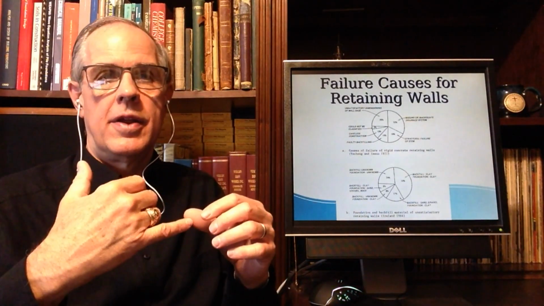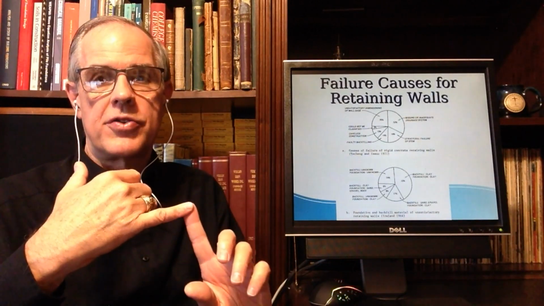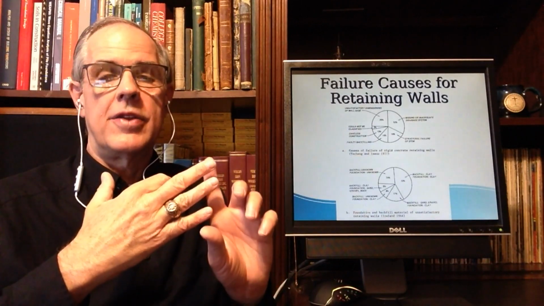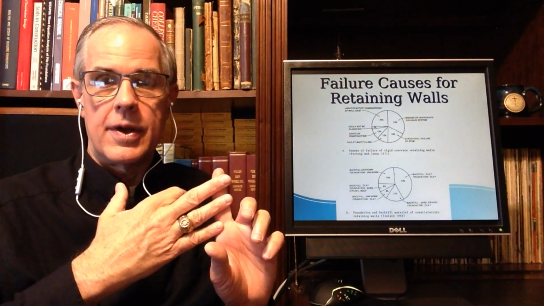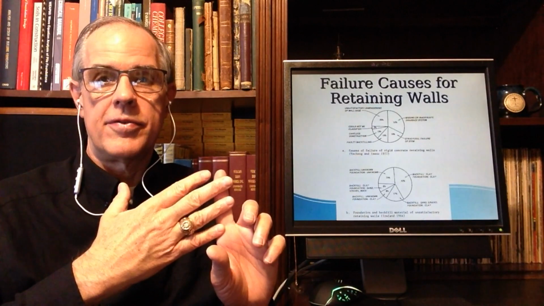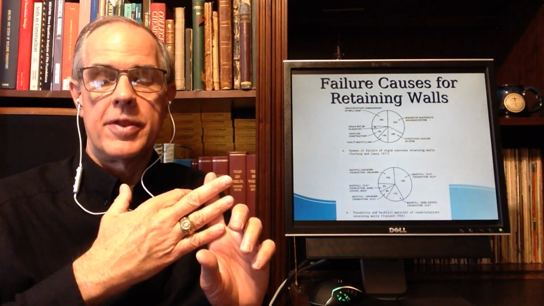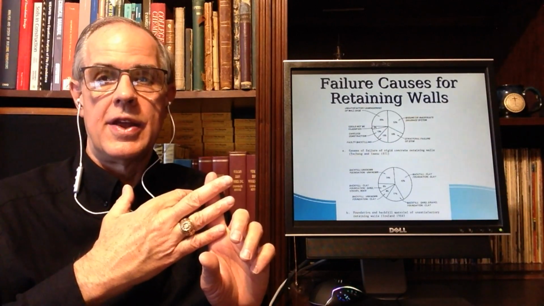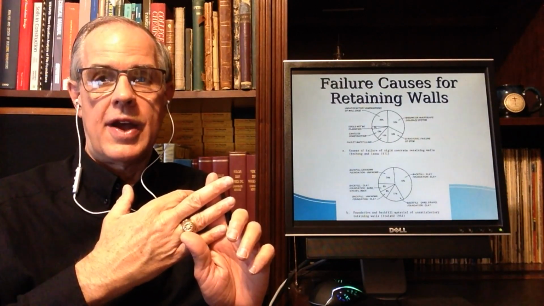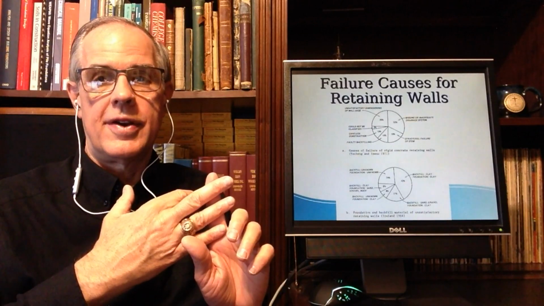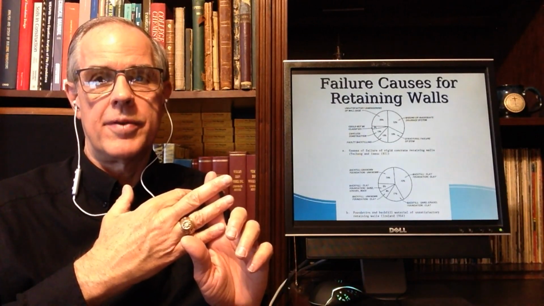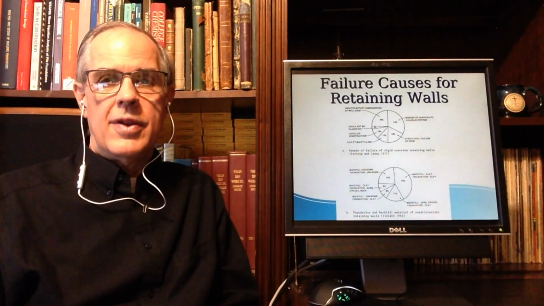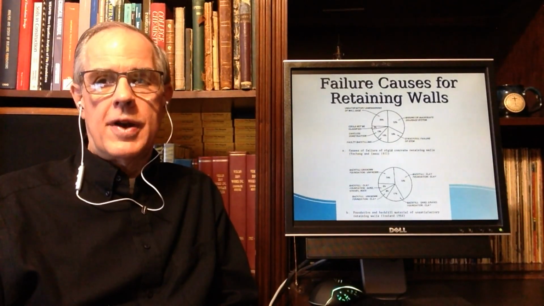We've looked at designing against overturning, against sliding, against global failure, those kinds of material failure. But the problem is that very often retaining walls, even if they are designed under the best of criteria, and a lot of times they're not, unfortunately, particularly walls like this, you still get failure. What's the problem?